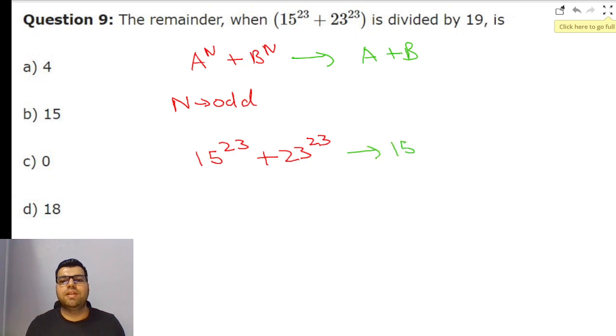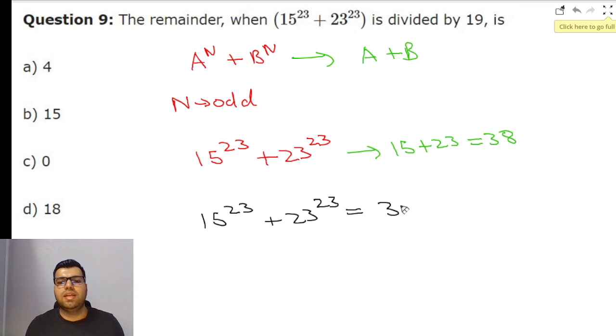What is 15 plus 23? 38. So it effectively means that 15 raised to power 23 plus 23 raised to power 23 is equal to 38 into some integer.